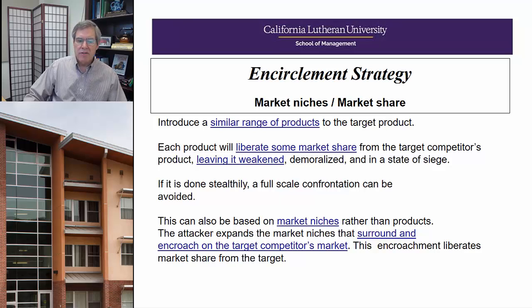This is often done stealthily. A full-scale confrontation can then be avoided. This can also be based on market niches rather than products. The attacker expands the market niches that surround and encroach on the target competitor's market. This encroachment liberates market share from the target competitor.